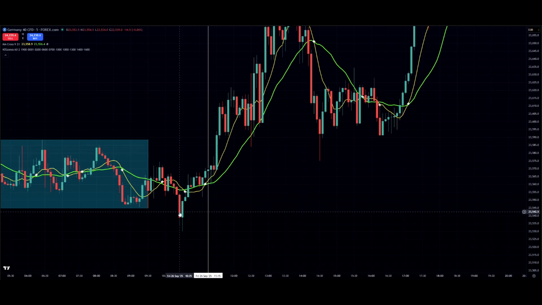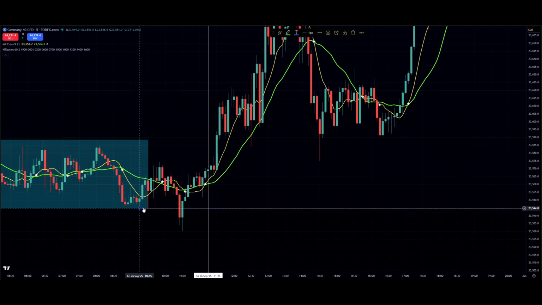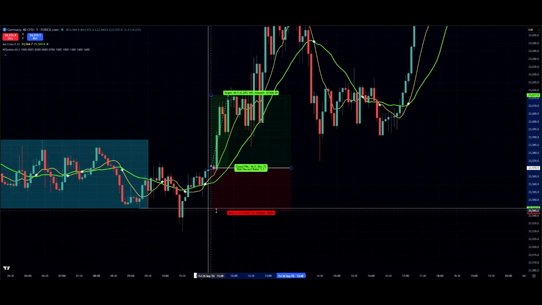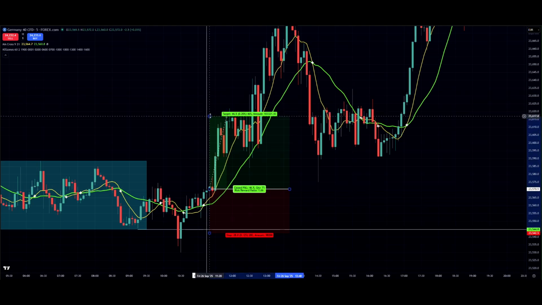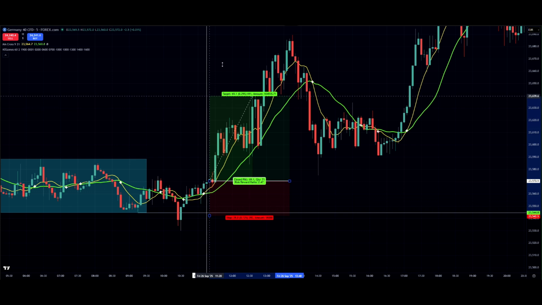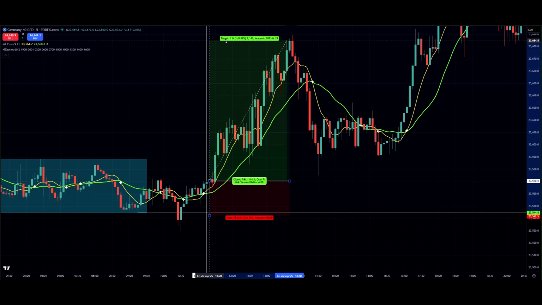Only after this failed breakdown happened does this break out, and when this breaks out, that's our long trade. Our long trade has an SL below this Asian range bottom, which is very small, $28, and even if we target 2 R, it's $56. There is a lot of noise, but we are getting the trade in a direction, and it eventually went higher, around 4 R as well, which is good.